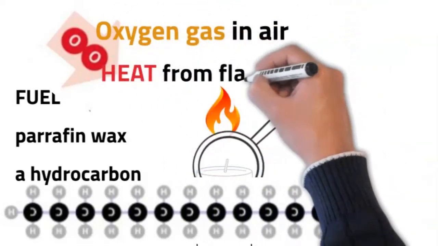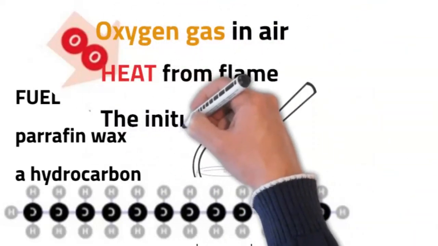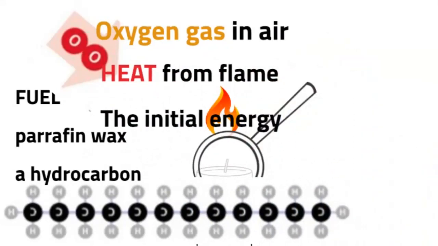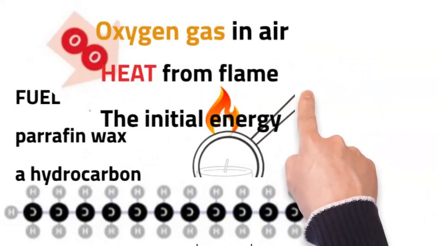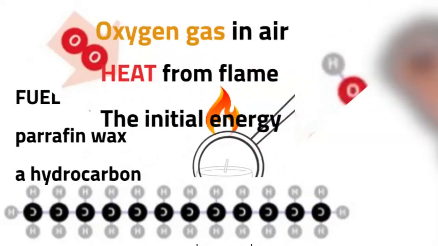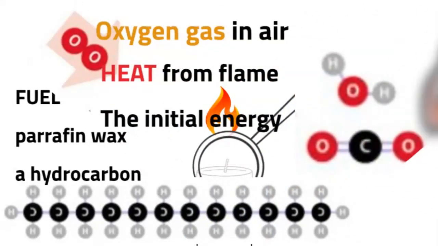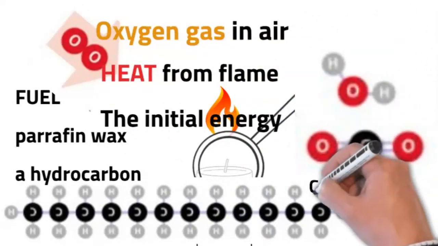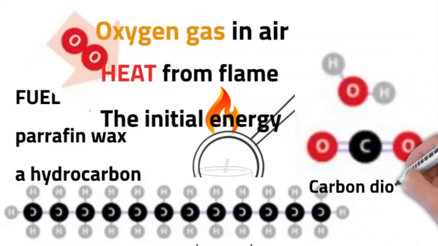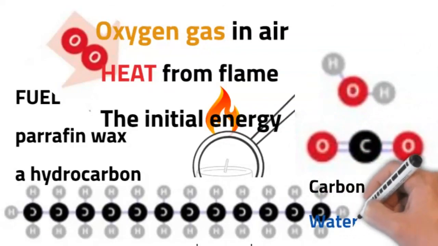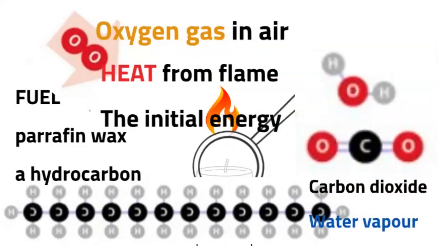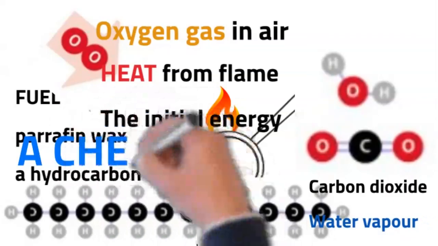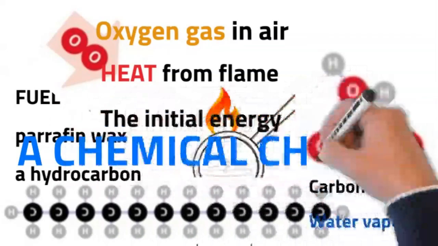And the heat from the flame provides the initial energy for that liquid candle wax in that magnified section to burn. And as a result, carbon dioxide and water are formed as products. So this is the chemical change that is taking place, the candle burning.